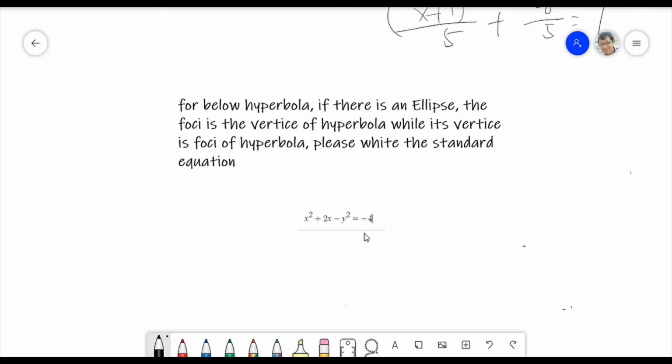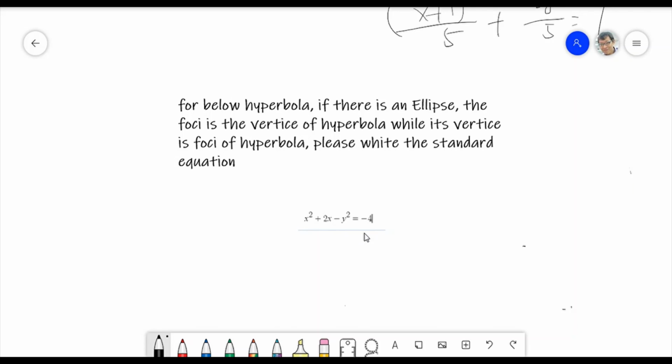For a hyperbola, the focal distance c is longer than the vertex distance a, and a squared plus b squared equals c squared. For an ellipse, the vertex distance is longer than the focal distance. Remember? So they just ask you to exchange.